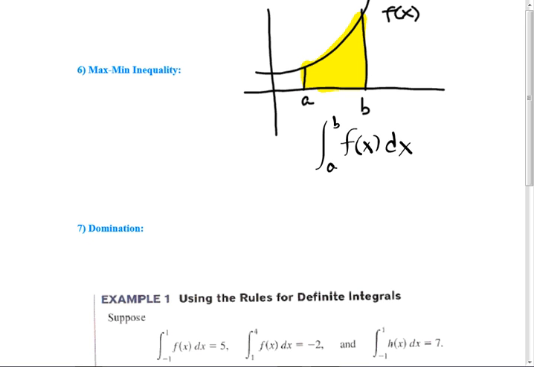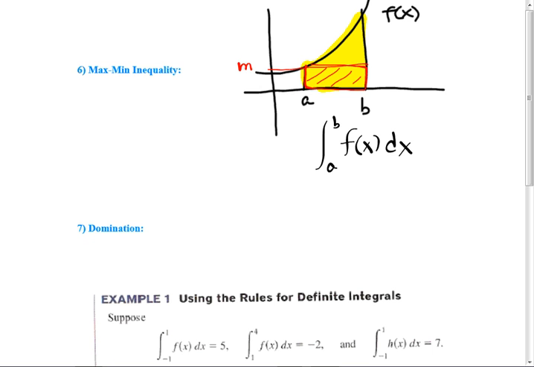I can draw in this little rectangle. And let's say the y-coordinate here is little m. It's the minimum value of the function on that interval. And what's true about the area of the yellow shaded region compared to the red shaded region?